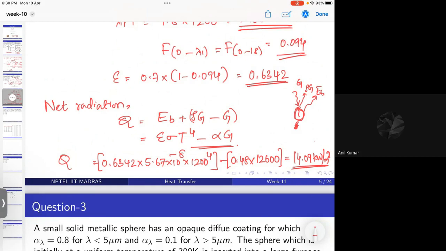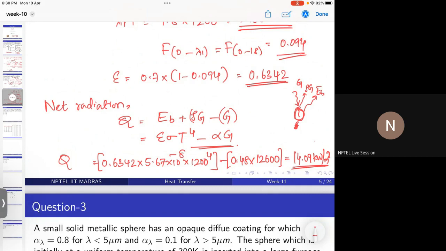What is this difference, EB plus rho G minus G, indicating? Where are these radiations going? It's the net radiation.